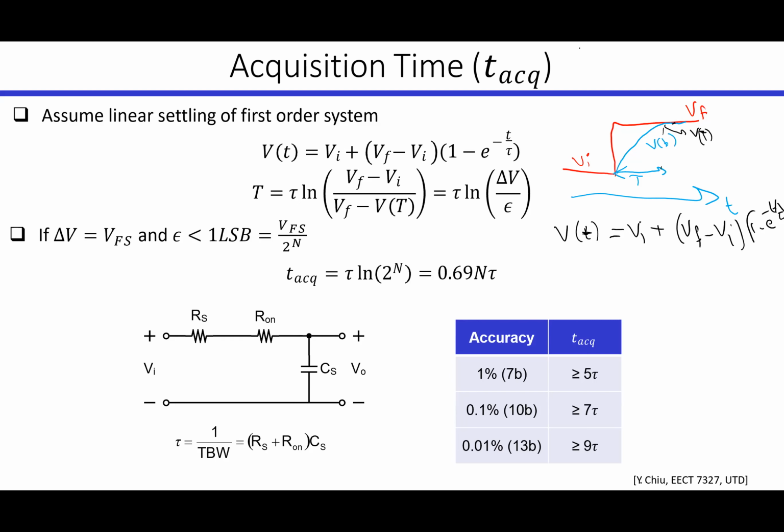This is coming from V out equals Vn times 1 minus e to the power of minus t over tau. This is how you find the settling time of the first order system.